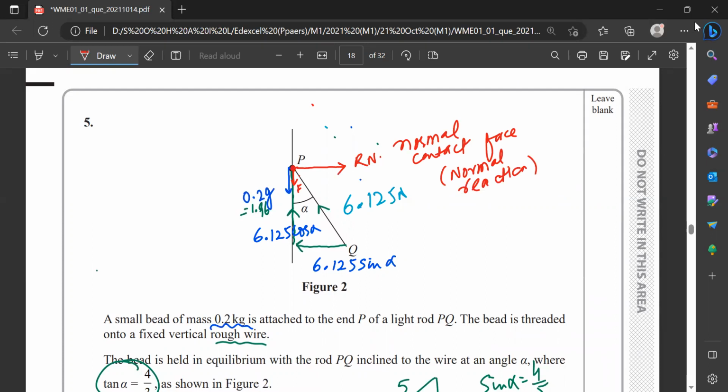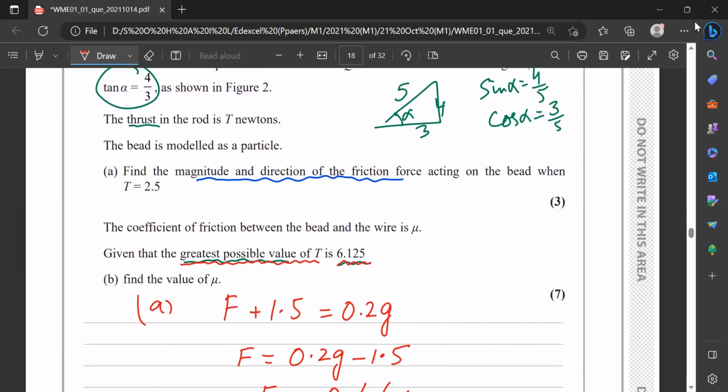So for the greatest possible value of T, which is 6.125, the friction force will act downwards.